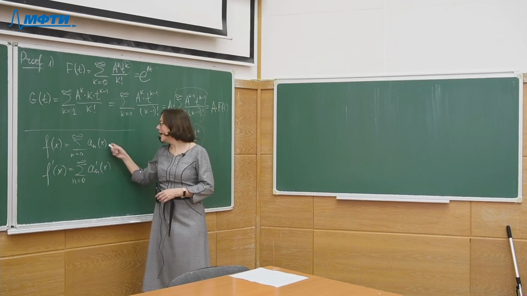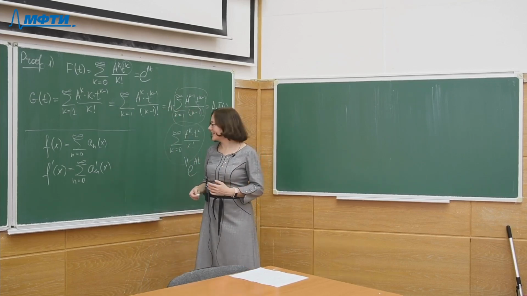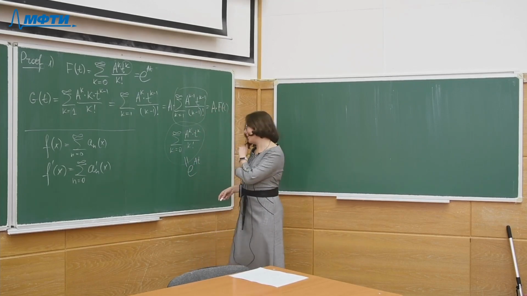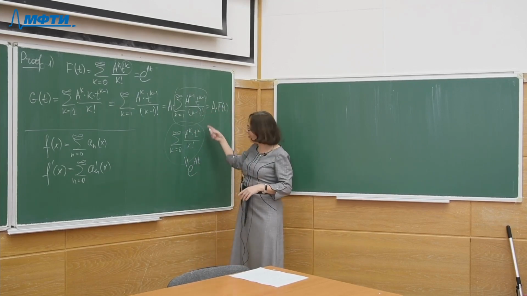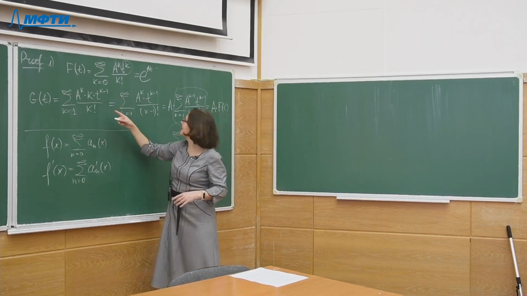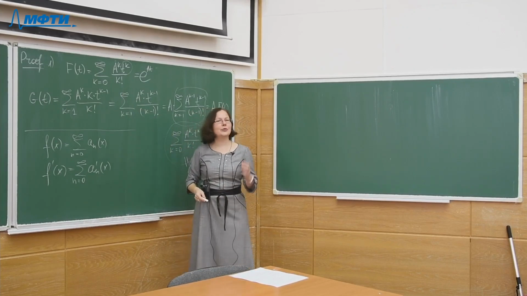Okay, so it comes from calculus. It was discussed in calculus. But now, in our case, to do this, we should check that this series converges locally uniformly in t.